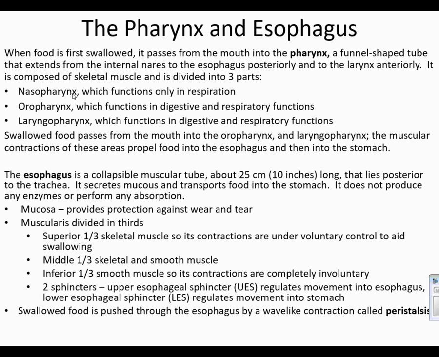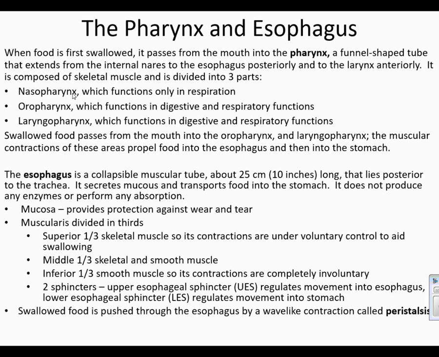From our mouth, food then travels into our pharynx, which is a funnel-shaped tube extending from our internal nares, which is not important to us for digestive purposes, because we're not swallowing food through our nose. But it extends from those internal nares to our esophagus posteriorly and to the larynx anteriorly.